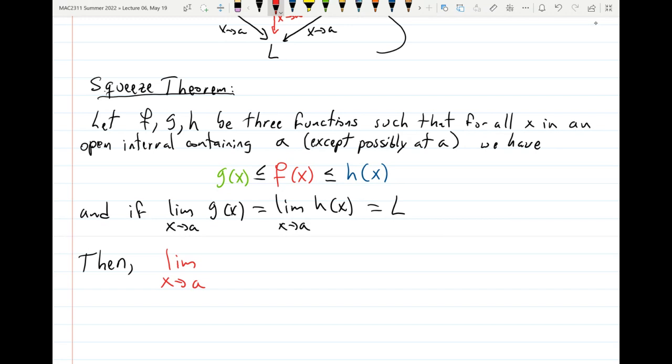The limit as x approaches a of f of x exists and equals L.